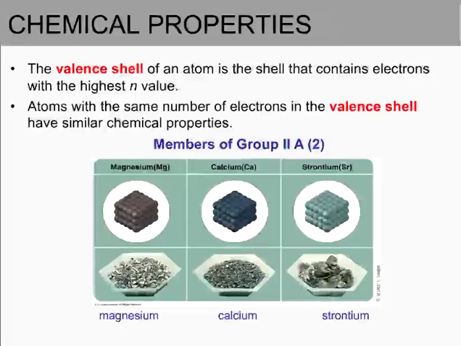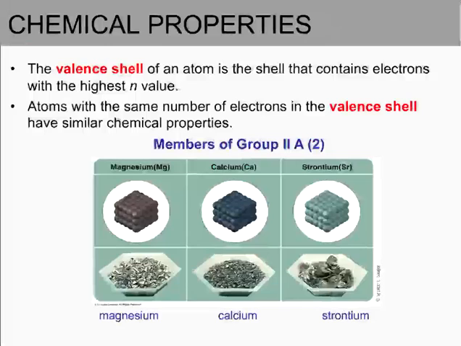Now, first we have to talk about what's called a valence shell. So the valence shell of an atom is the shell that contains electrons with the highest n value. So remember, we discussed how there are different energy levels or different shells that electrons can exist in.